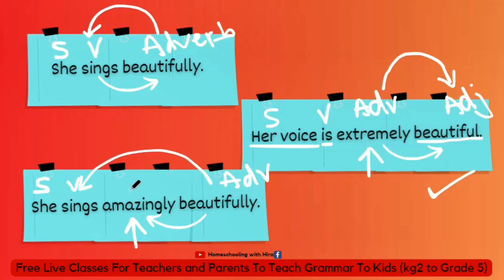And now this adverb is not describing the verb. It is describing another adverb, that is beautifully. She sings amazingly beautifully. You can also say that she sings extremely beautifully. She sings extraordinarily beautifully, right?